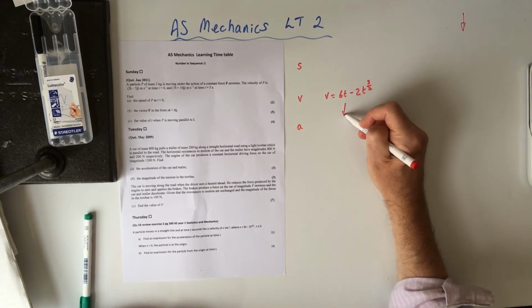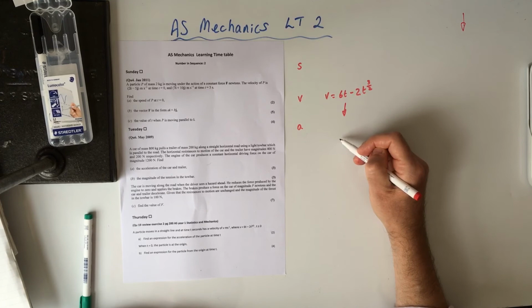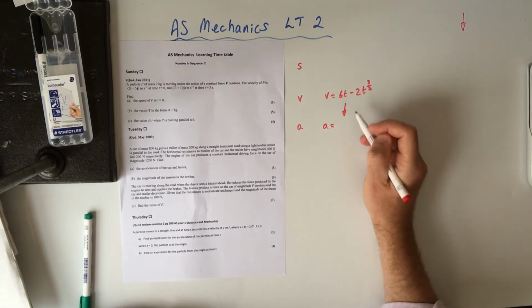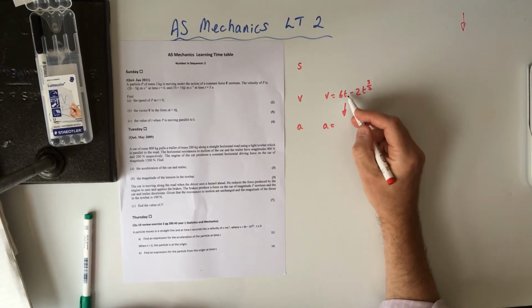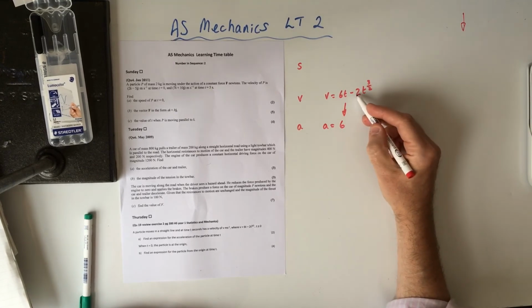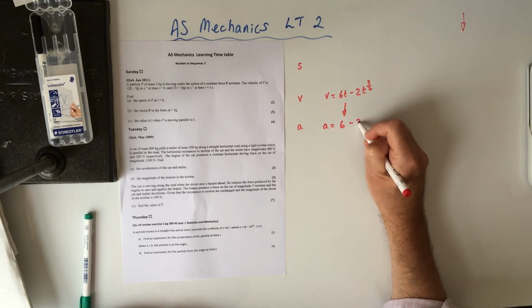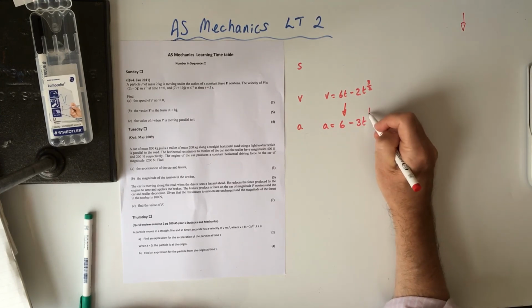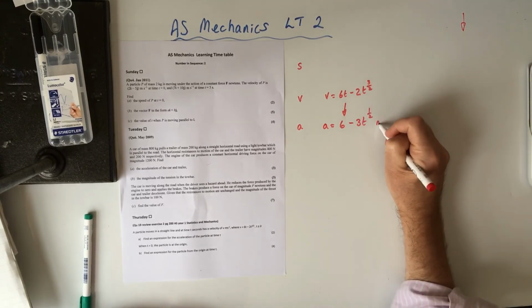Okay, well, the acceleration we differentiate going down, so the acceleration is equal to this differentiated, which just becomes 6 times by the power 3 2's are 6 divided by 2 is 3, so minus 3t, and not 1 off the power, so it's simply that.